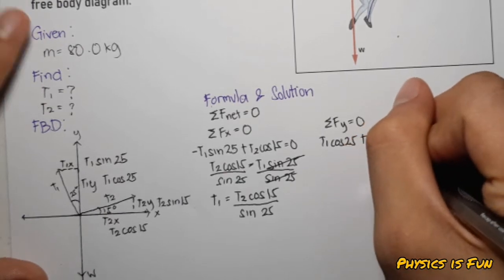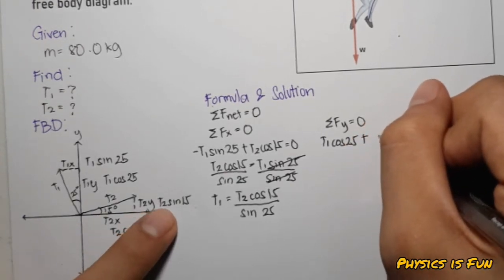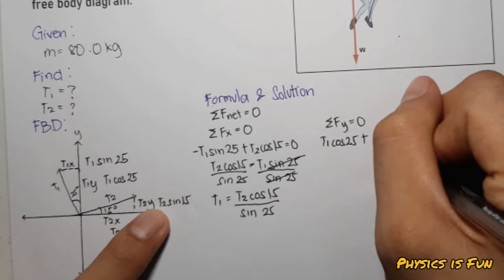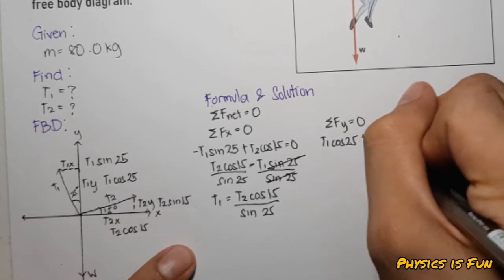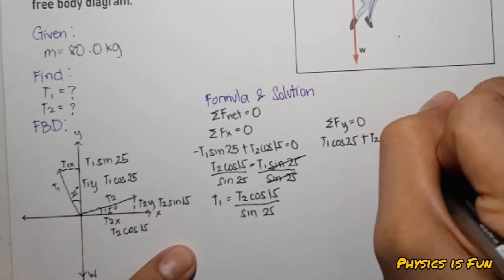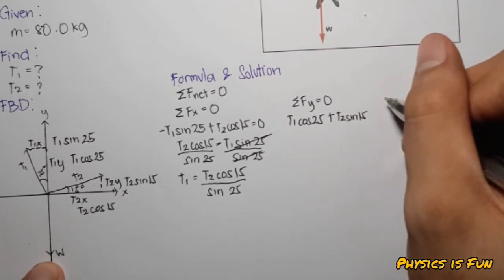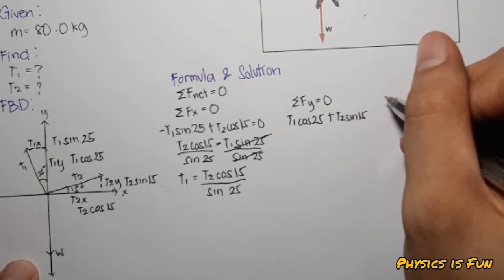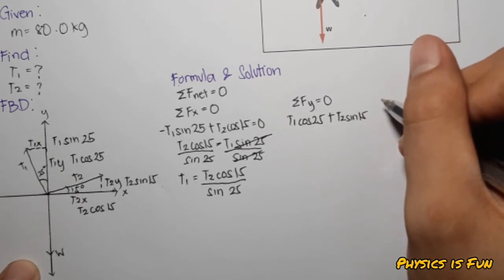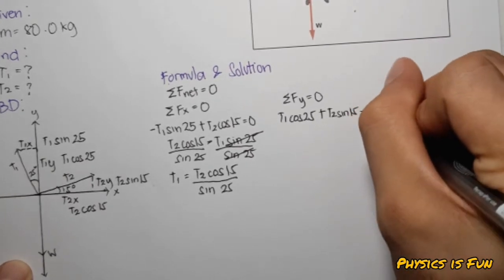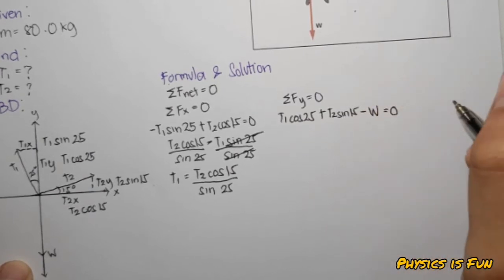Again, plus T2y or T2 sine 15. It is positive again. And lastly, don't forget our weight, which is on the negative y-axis. Thus, its sign will be negative, equals 0.